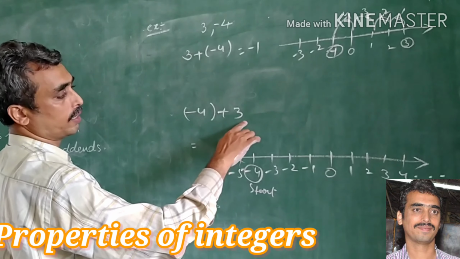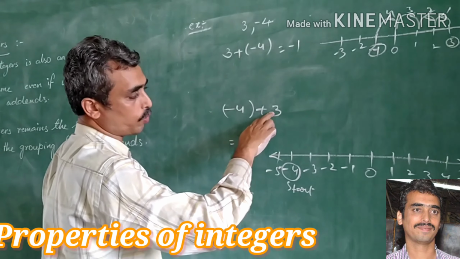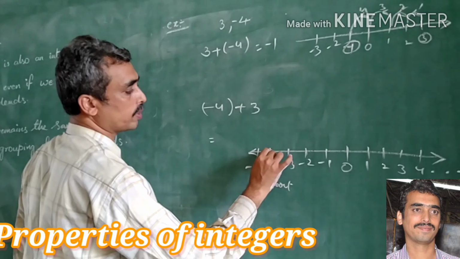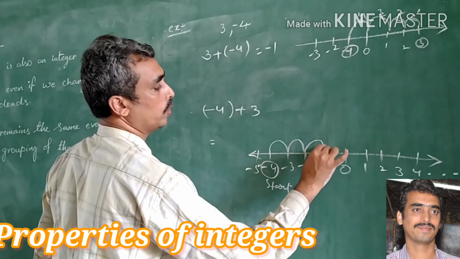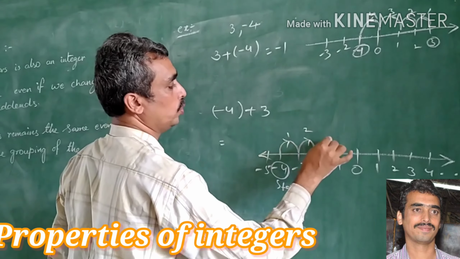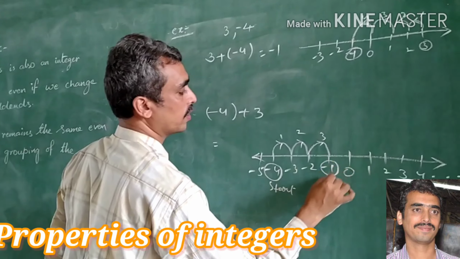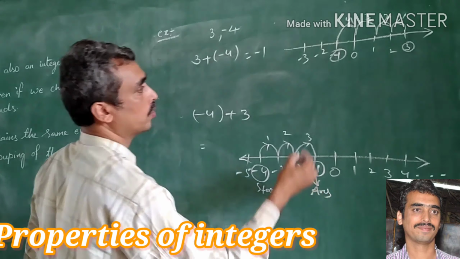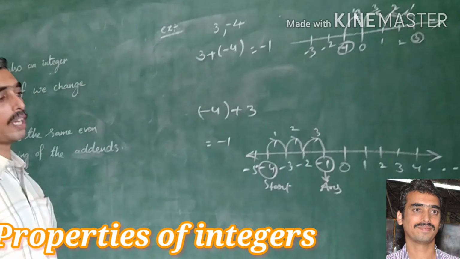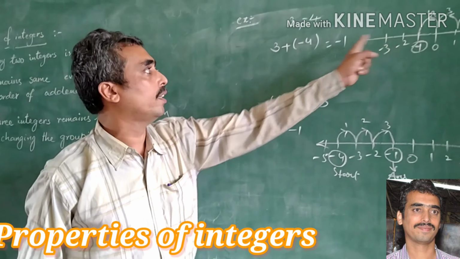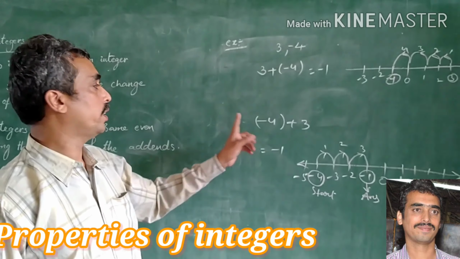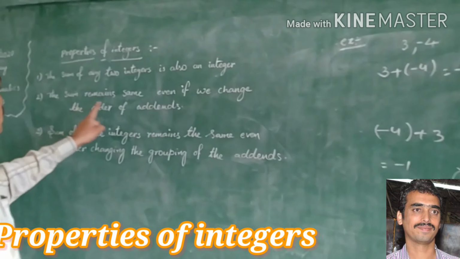And plus 3. 3 is plus 3 only. So right side you have to go. How many steps? 3 steps. 1, 2, 3. So where will we reach? Minus 1. So here also minus 1. Any order we take, the sum of two integers in any order, the sum remains the same.